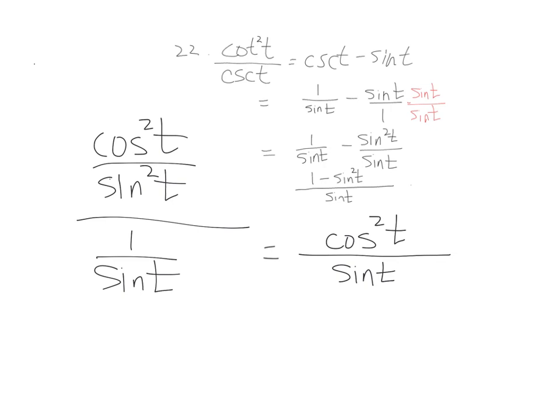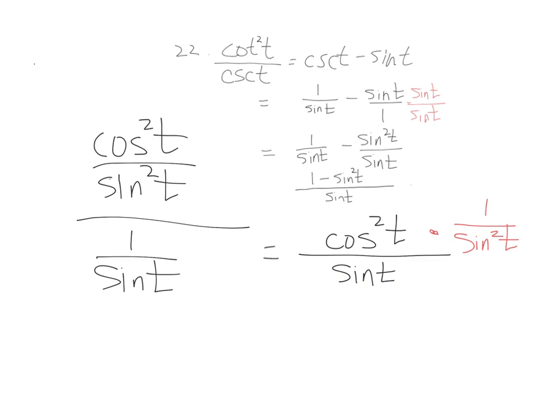So how am I going to do that? Well, one thing I could do is say, okay, I want to make this look like this. Well, I already have this right here, but I need this. So if I multiplied this numerator over here by 1 over sine squared t, I now have cosine squared over sine squared, which is exactly the same as what I have over here.